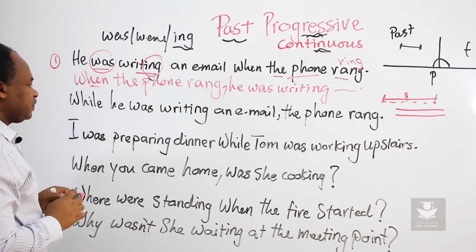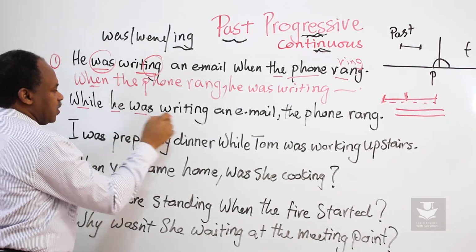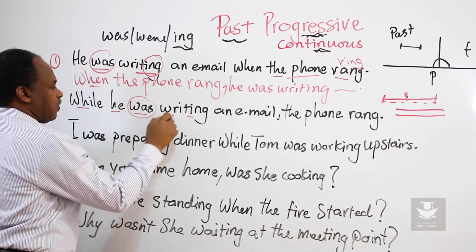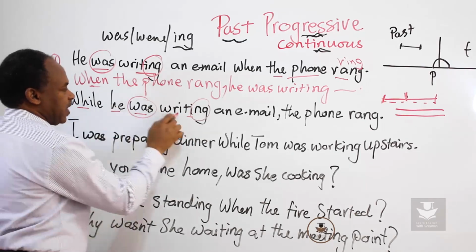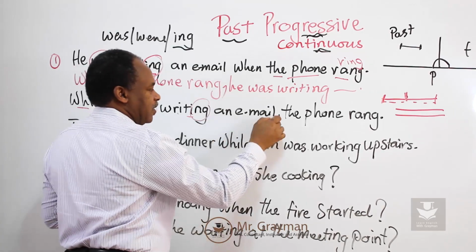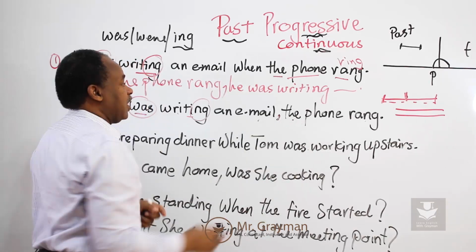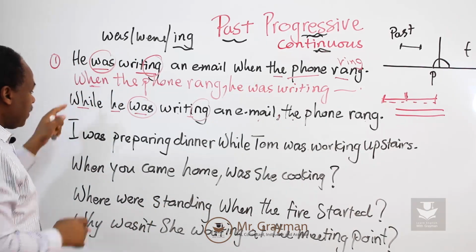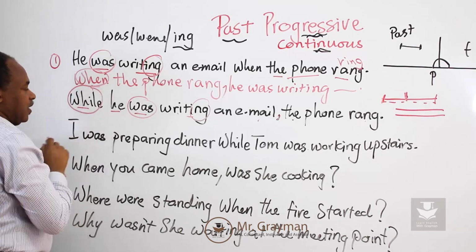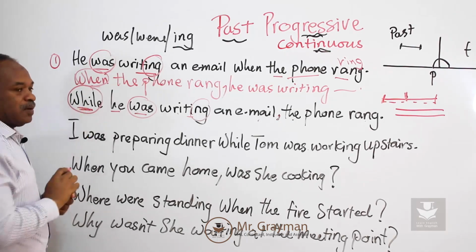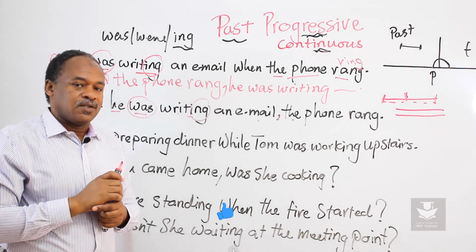Let's look at this one. While he was writing, past. Writing, progressive. Past progressive. While he was writing an email, what happened? The phone rang. It's the same thing there. But the difference is here we used when and here we use while. This is the time expression while. I wanted to draw your attention to a very important point.